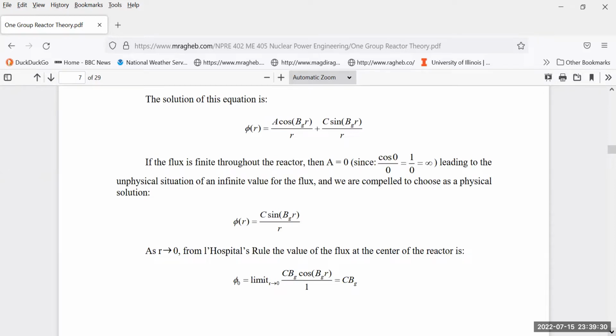life problems. So we start asking ourselves the question here: what if we take the solution at r equal to 0? What is the cosine of 0? The cosine of 0 is 1. And if you divide 1 by 0, you get infinity. That does not make sense, because the flux, or the power in a nuclear reactor, cannot reach infinity.